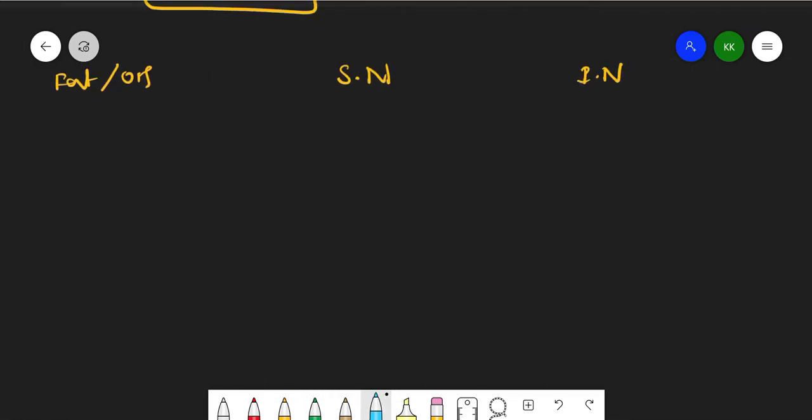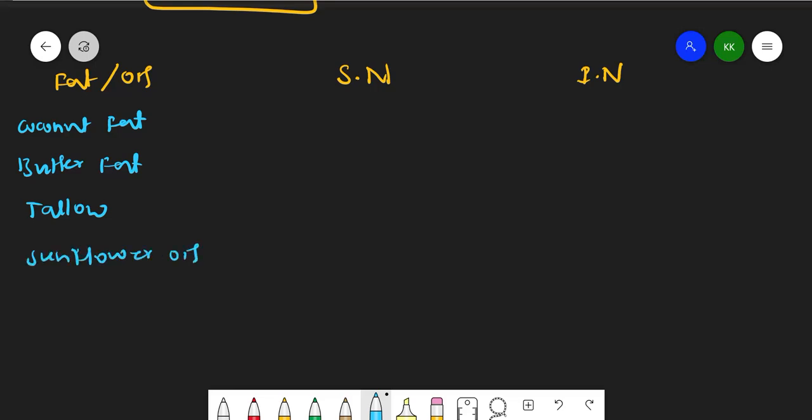First I will take coconut fat, not oil, then butter fat, tallow, sunflower oil and linseed oil, right?